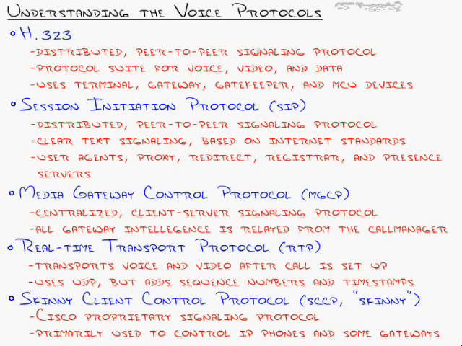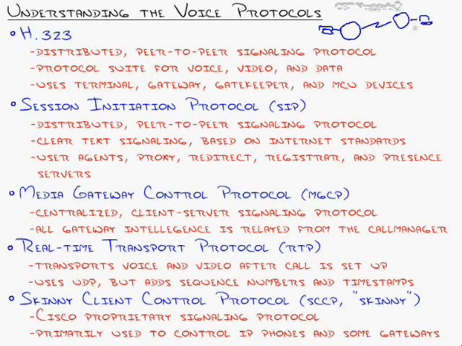So H323 is a distributed peer-to-peer signaling protocol. And what that means when I say peer-to-peer is that it's designed in such a way that if we've got a router here, let's say that we've got this router that is taking this phone right here and connecting it to this router and this phone over here.